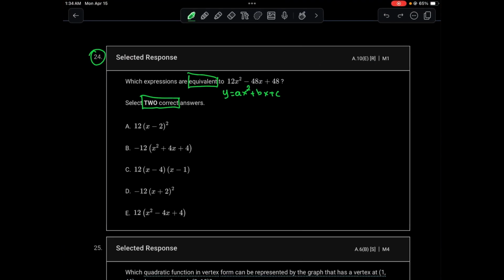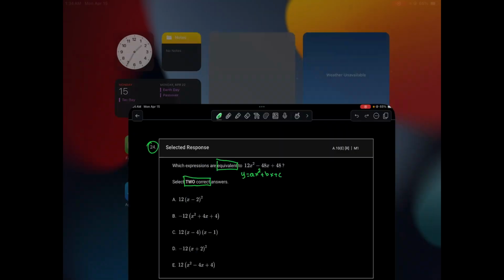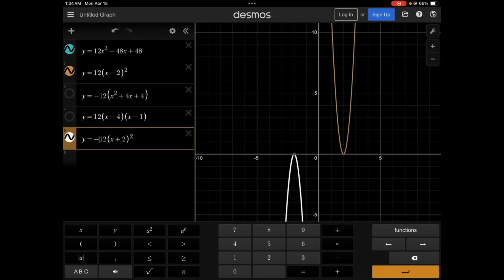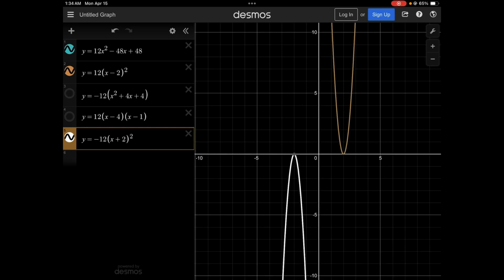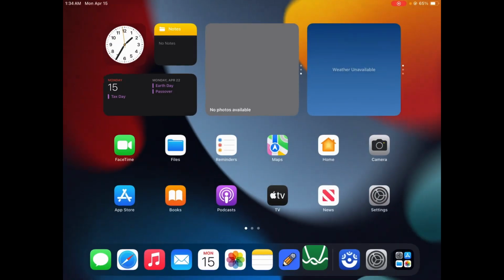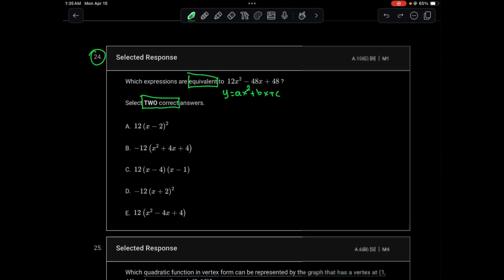We need to make this negative. I need to make this negative, and it's not it. So it should be the last one should be correct.